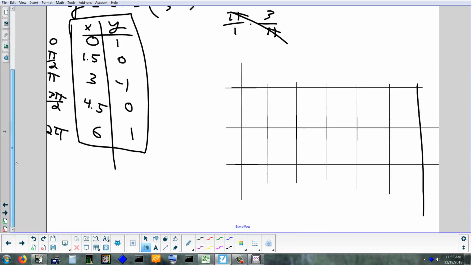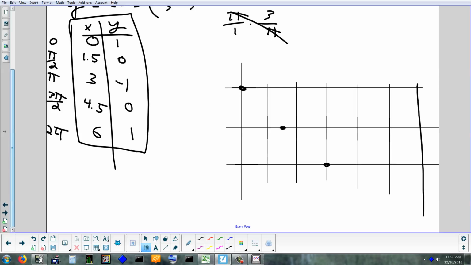So in this one, I'm just going to go by ones. So 0, 1 is right there. 1.5, 0. I mean, it's in between the lines, but it's only a half. It's not that hard to find it. 3, negative 1. 4.5, 0.